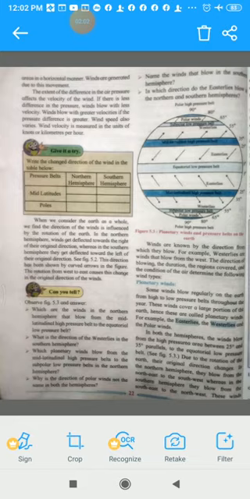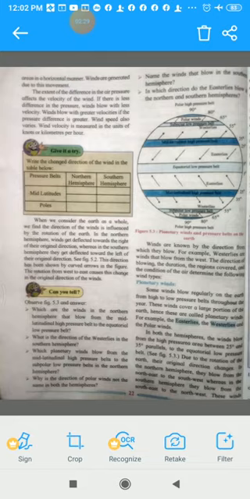In figure 5.3, you can see the mid latitudinal high pressure belt in the north and south. Can you see that it is between 25 to 35 degree? Yes, that blue colored bar, written as 25 degree to 35 degree. So in both the hemispheres, that mid latitudinal high pressure belt is there.